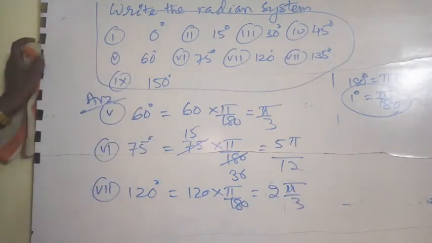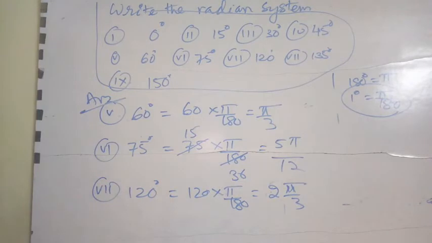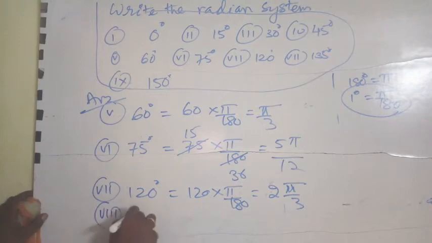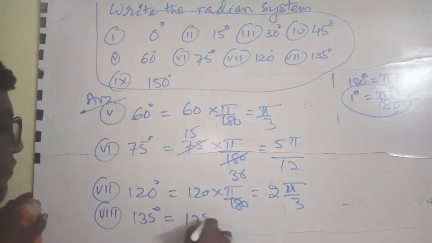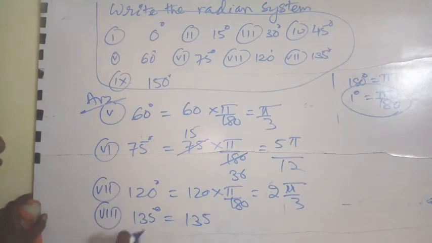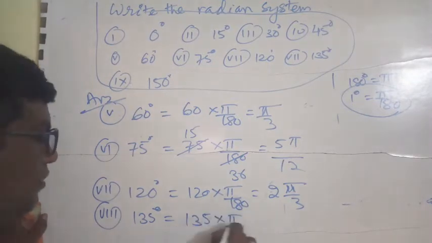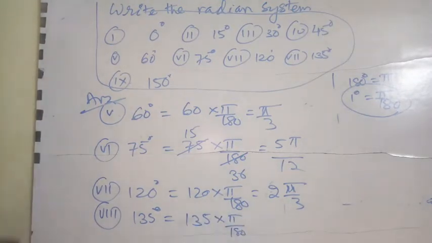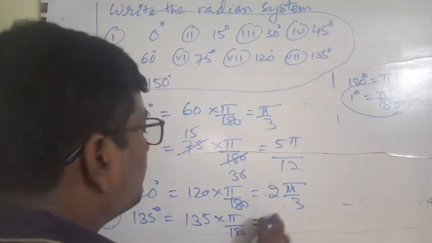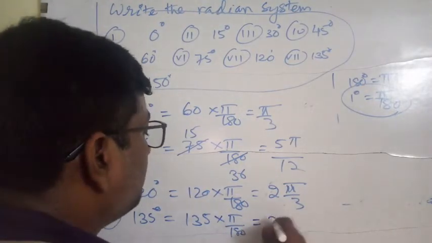Now the eighth number, 135 degree. 135 degree is equal to 135 into pi by 180. Calculating this, we get 3 pi by 4.